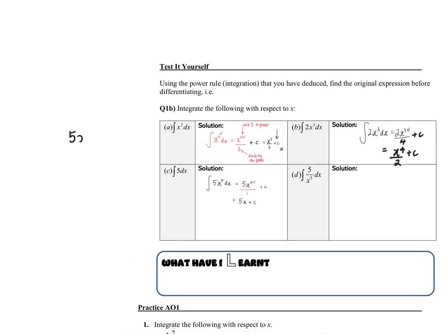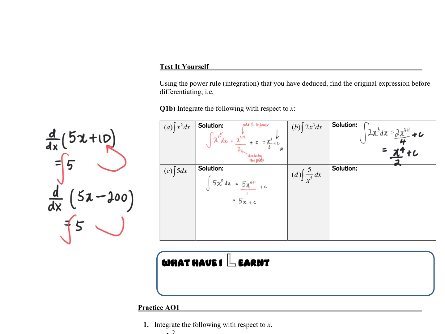When we have 5x plus 10, when I ask you to differentiate this, do you get 5? When I give you 5x minus 200, when I ask you to differentiate, do you also get 5? Yes. Okay, so actually if I integrate the 5, it can lead me back to this, it can lead me back to the original form, right?